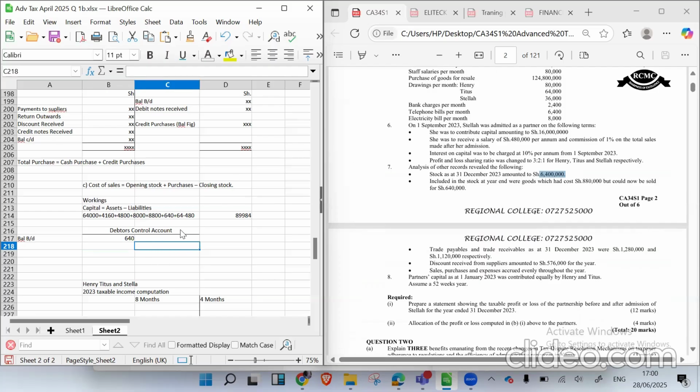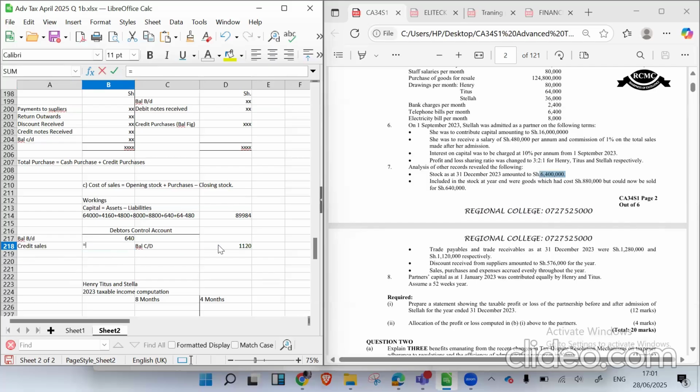Do you have balance carried down? The balance carried down, I can see it in note number 7 huko chini. Note number 7. I think 1120. Receivables 1120. Then of course the balancing figure becomes credit sales.